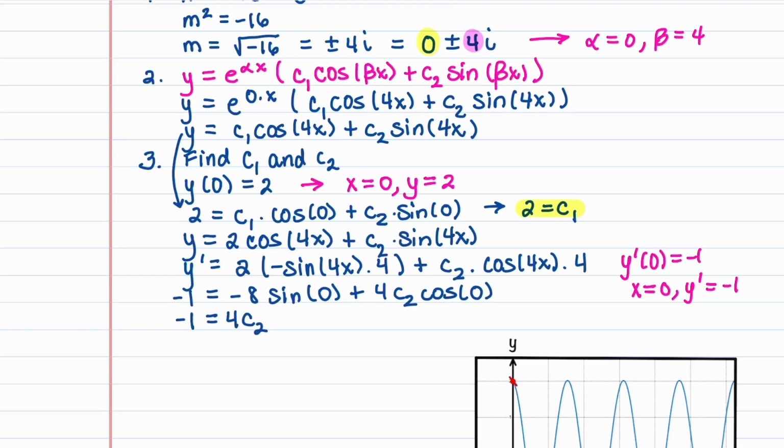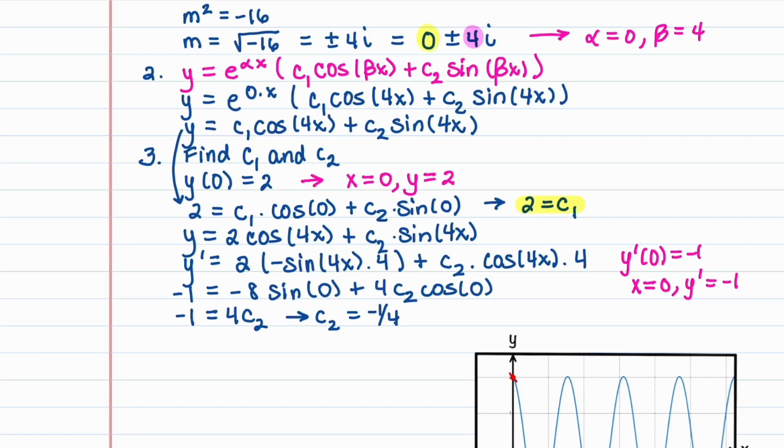This gives us that c2 is equal to minus 1/4. We can now write down our solution. It's y, and I'm looking right here, is equal to 2 cosine 4x minus 1/4 times sine of 4x.